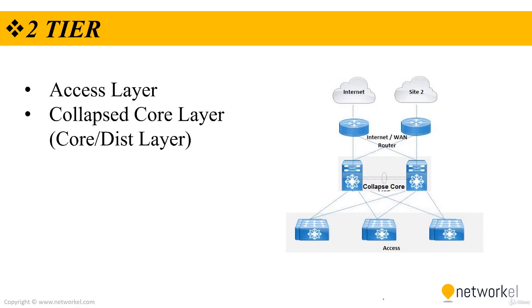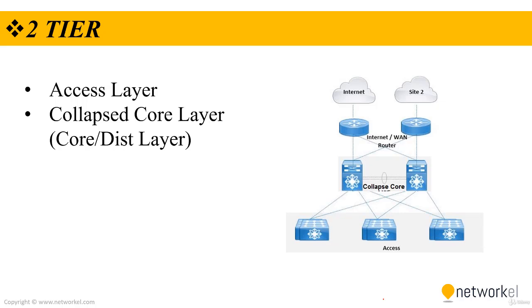Therefore, a two-tier hierarchical design where the core and the distribution layers are collapsed into one layer is often more practical. A collapsed core is when the distribution layer and the core layer functions are implemented by a single device.